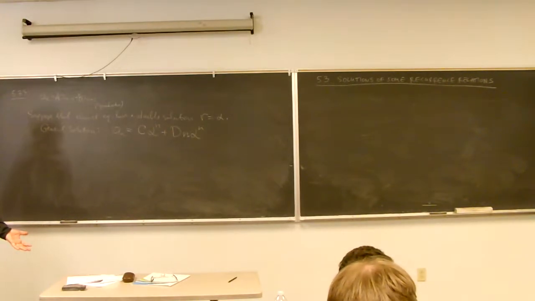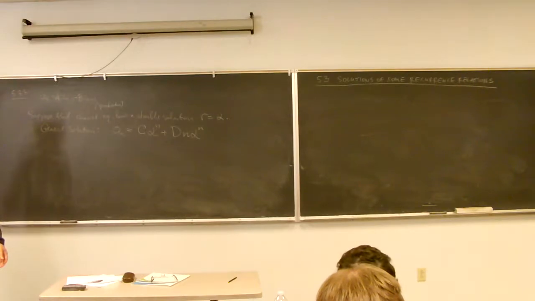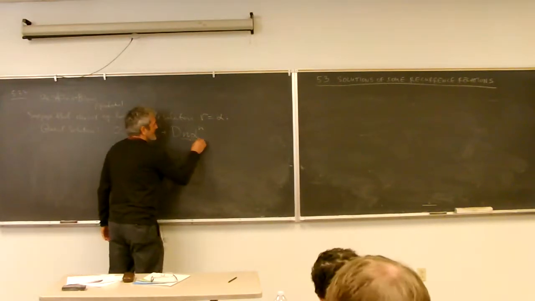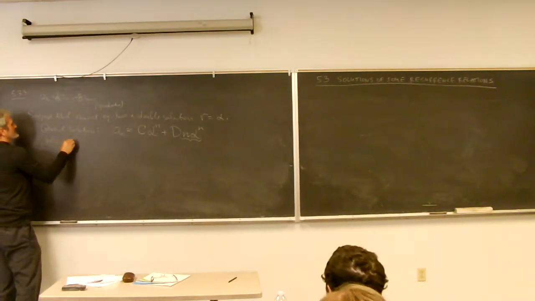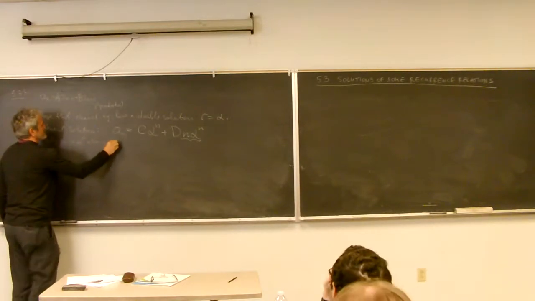What's the only question that's missing here, or only information that's missing here? Why would this guy be a solution? So let's see. So why is n alpha to the n also a solution?